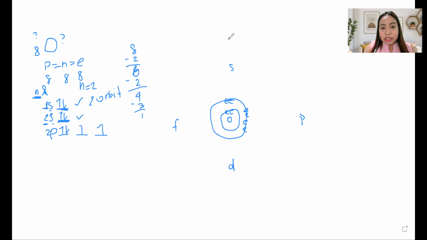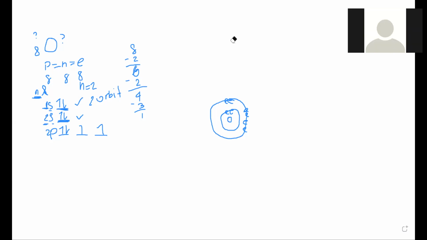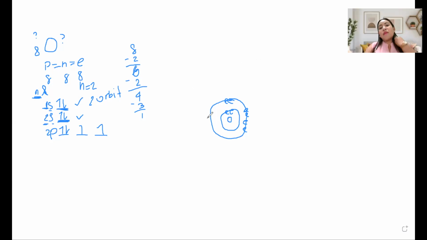You do not need to write this s, p, d, and f. You just have to familiarize that on this part it is s, then p, d, and f. So this is now our Bohr's atomic model.